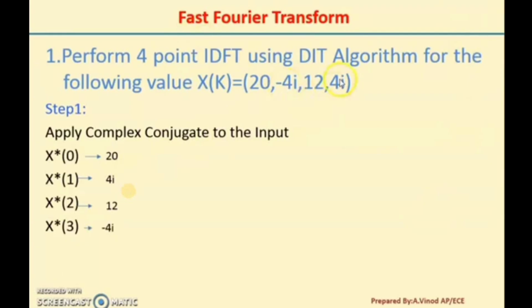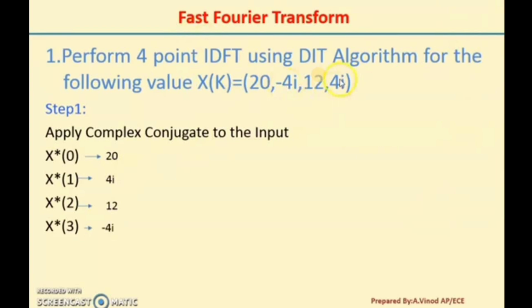In this video, we are going to perform a 4-point IDFT, inverse discrete Fourier transform, using the fast Fourier transform, that is the DIT algorithm, for the following values: x of k is equal to 20 minus 4i, 12 and 4i. The first step is, in addition to bit reversal, you have to take the complex conjugate also.